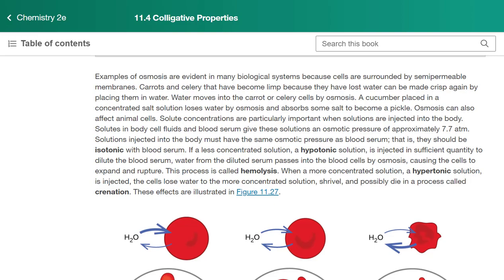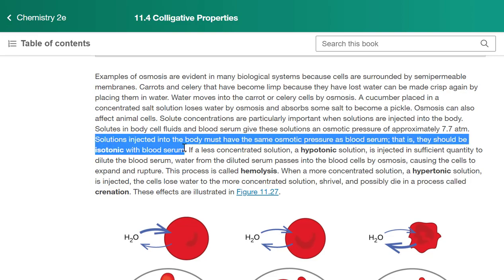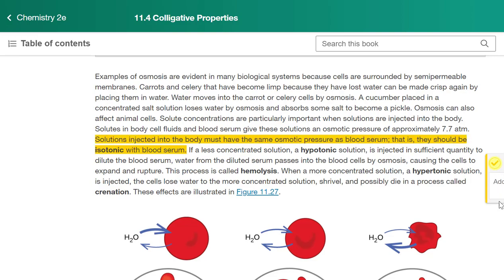In order to do that, what we need is something called an isotonic solution. And let me go ahead and highlight that. Which means that they need to have the same osmotic pressure. So any solution that is put into the body through an injection should be isotonic, and that means it has the same concentrations of what is in the red blood cell.